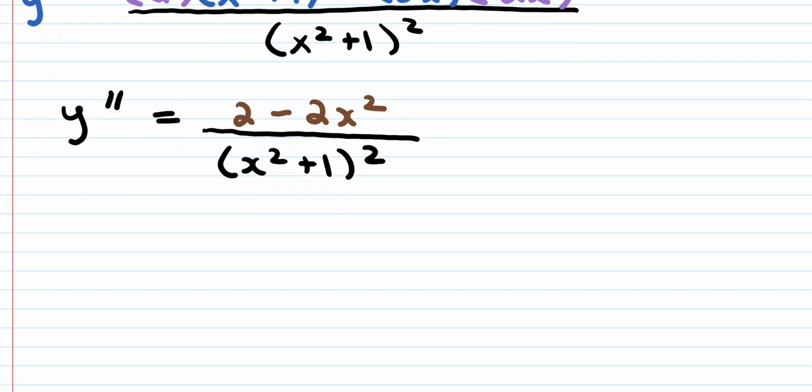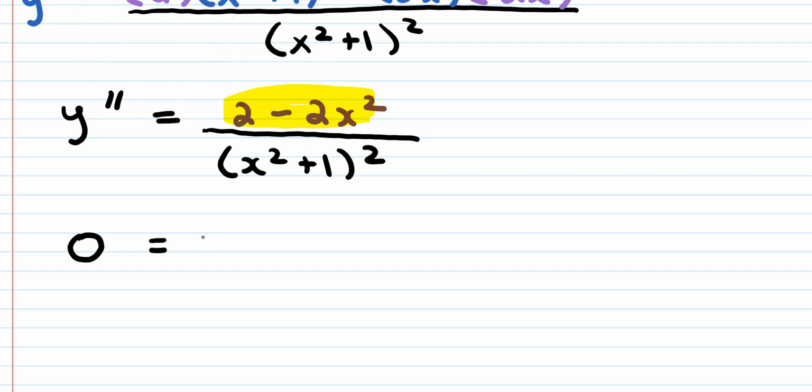Now, in order to find my inflection points here, I need to take my second derivative and set that equal to 0. And since we have a fraction, you only care about the numerator.